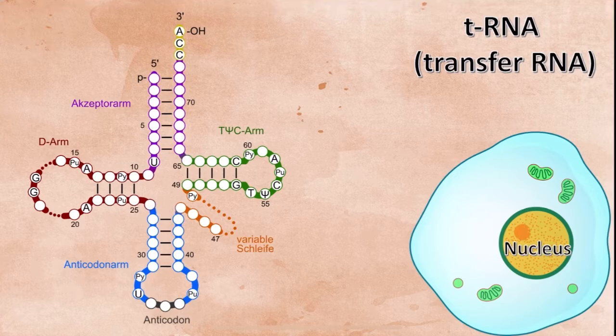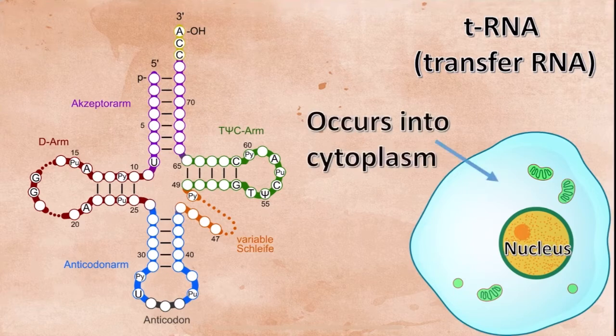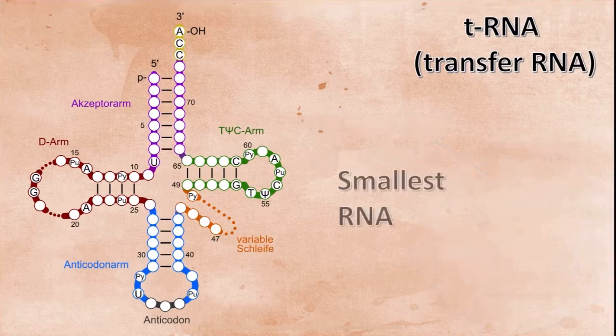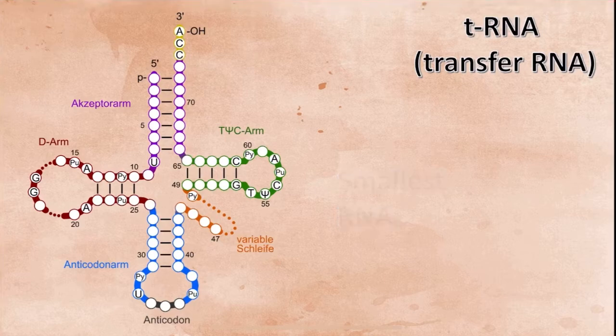This tRNA is present in the cytoplasm of the cell, that is the surrounding area of the nucleus. It is also considered the smallest RNA because the long strand of RNA is converted into a looped structure, and because of these loops, it makes a compact, group-like structure, so it is considered a small structure.